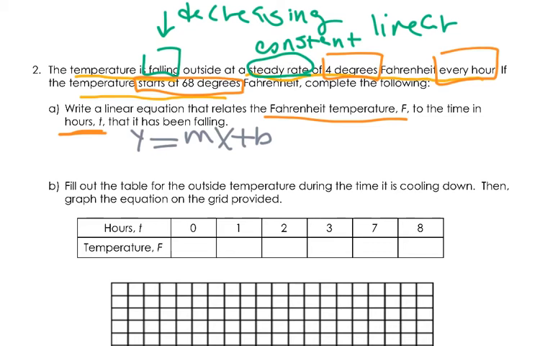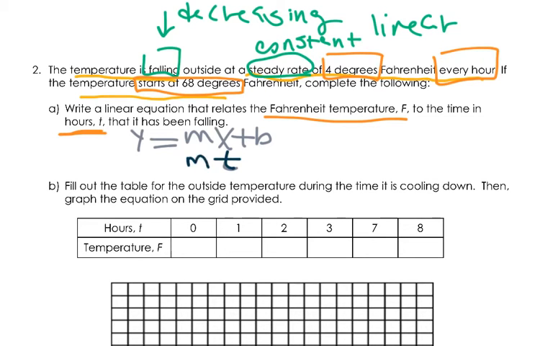So I know that my hours are my domain, which essentially is going to be my x values. So here, instead of x, I'm going to have t.